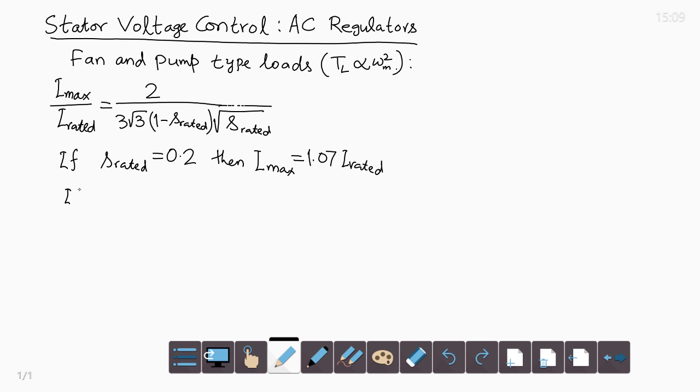If the rated slip is 0.1, then the maximum current I max is 1.35 times the rated current.